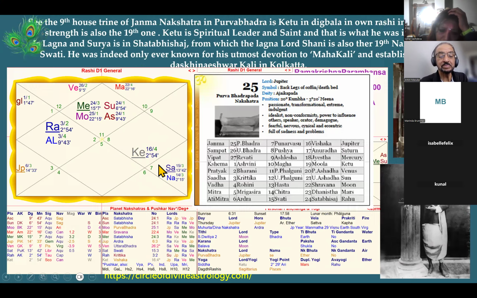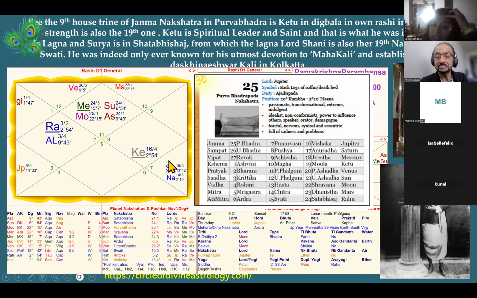So if you look at it, it is in the fourth pada of Vishakha, which is in Scorpio. Now, if it had been the third pada, definitely it would have fallen under Libra, under Tula.